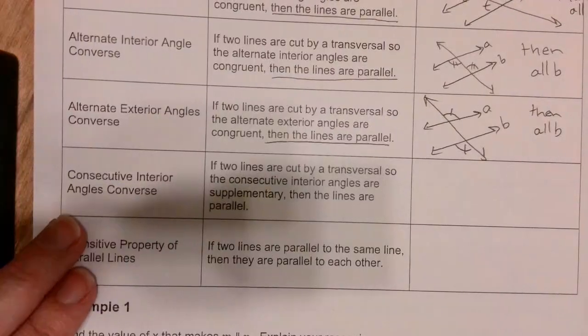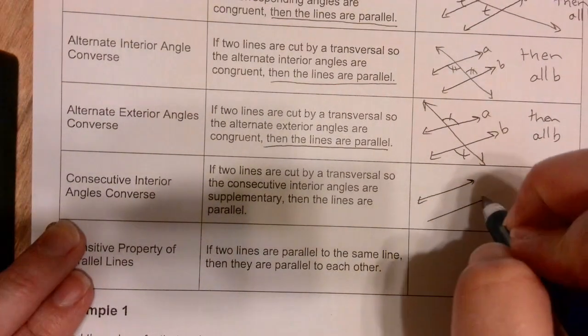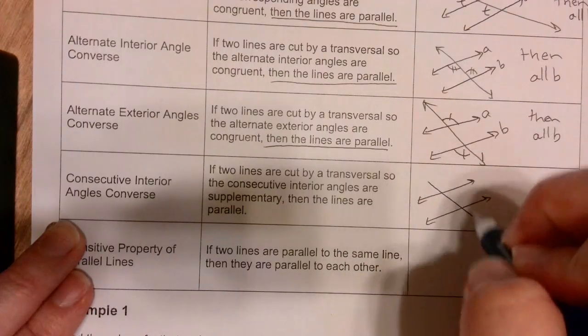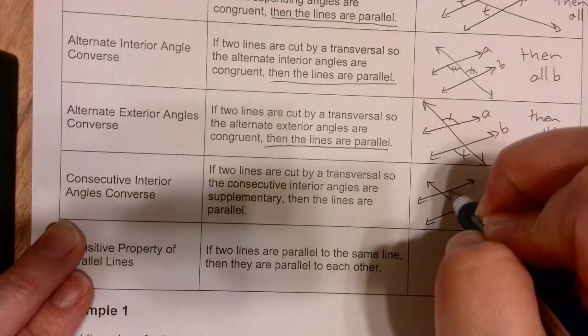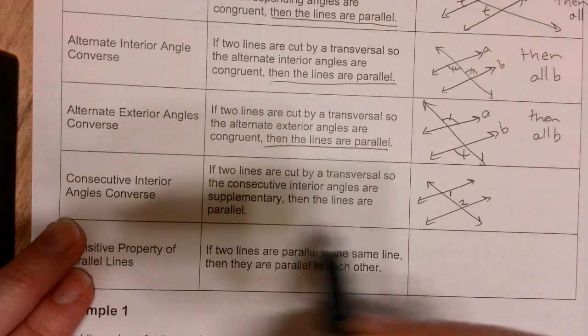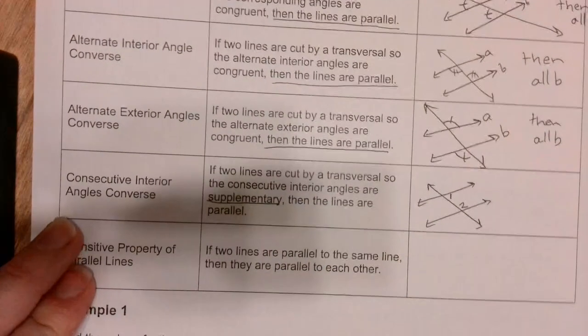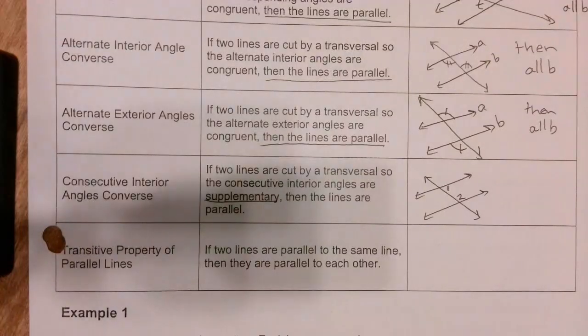The consecutive interior angles, if you have two lines cut by a transversal, and here I'm not marking them congruent because it doesn't say congruent, it says they are supplementary. Remember, consecutive interior angles, we didn't want them to be equal, we wanted them to add to 180.